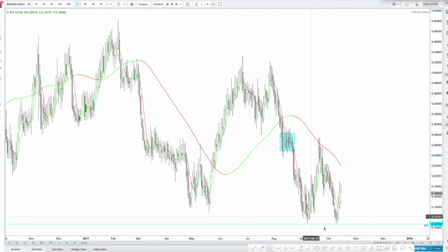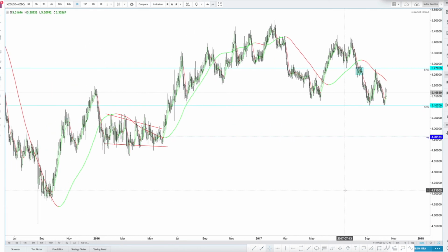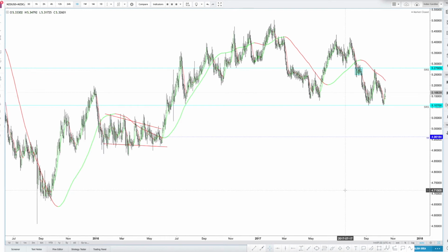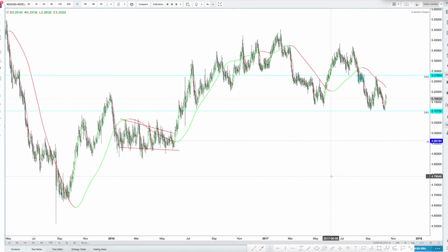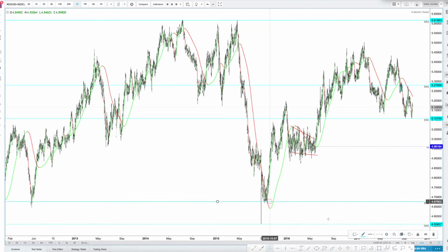So we have this little nice SRS right here. This little zone here, we pulled down, found support. Now the question is, obviously, what is it going to do next? What is it trying to do? And you have this low, but it's probably more like this low.